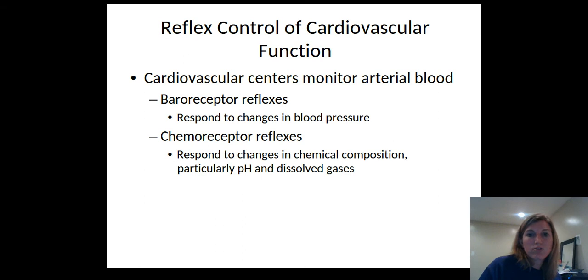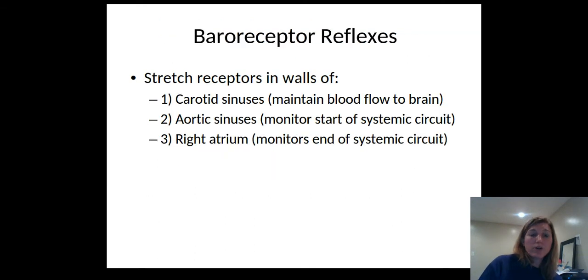Chemoreceptors respond to pH and dissolved gases, O2 and CO2, which are related to pH. So with our baroreceptors, they're within the carotid sinuses, maintaining blood flow to the brain, aortic sinuses, monitoring the systemic circuit, and then also within the right atrium to look at venous blood return back to the heart.